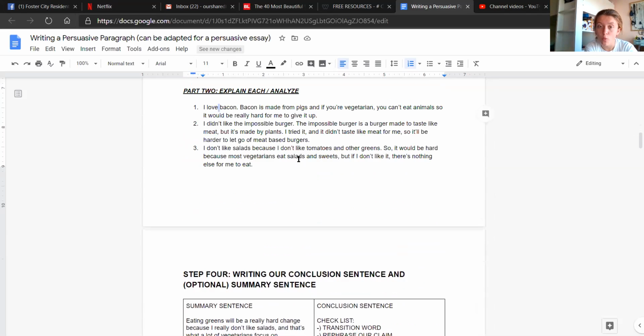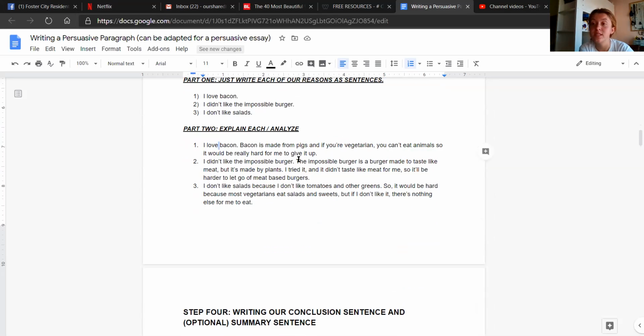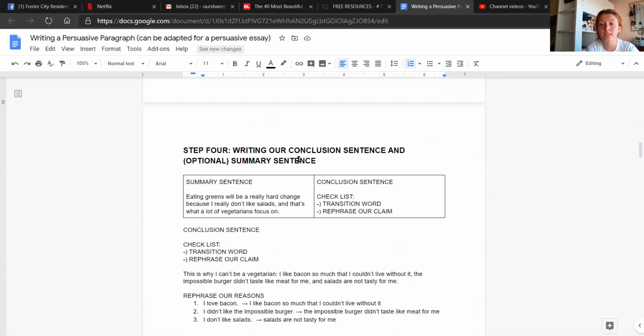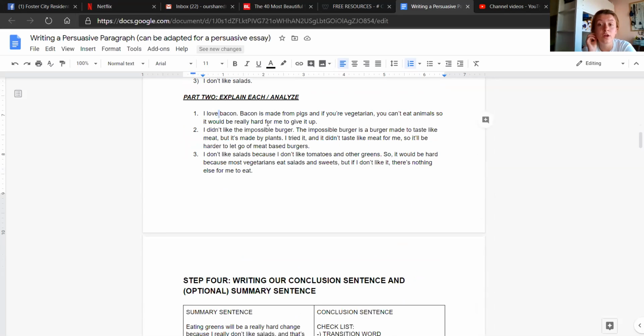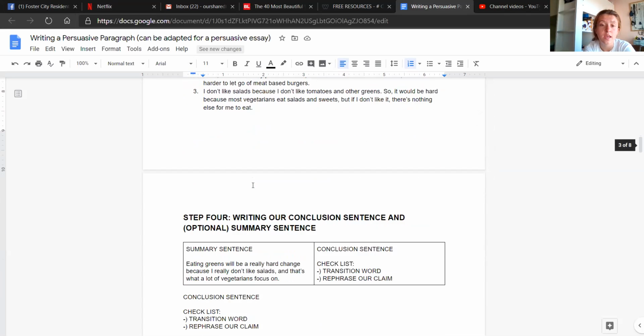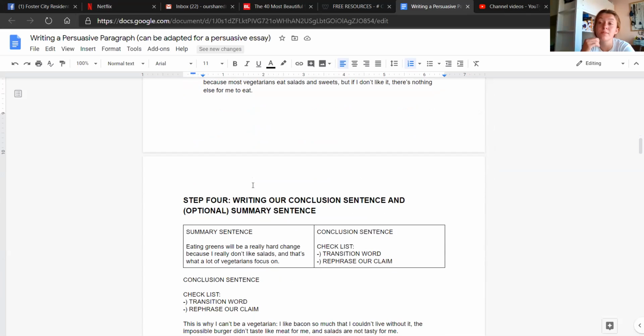So our next step, once you've done this for every single piece of evidence that you have, is we're going to write our conclusion sentence, and sometimes you need a summary sentence. Let's say you're writing a persuasive paragraph and your reasoning and your analysis and your evidence, so basically this entire middle part, is all extremely long.